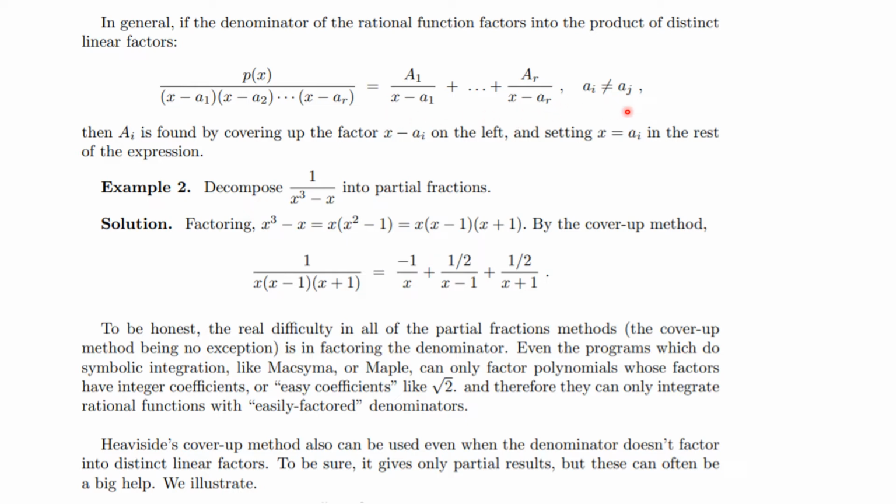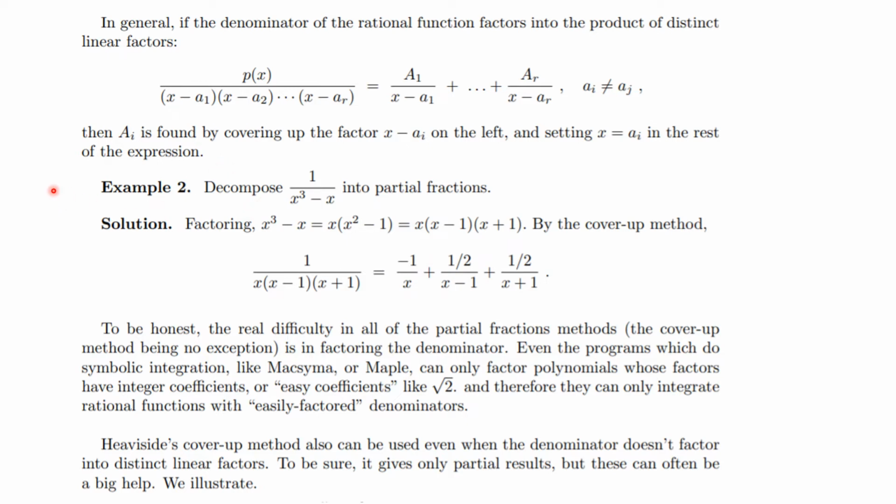All of these capital A's are constants, and this is listing the distinct linear factors. Then capital A sub i, the numerators, can be found by covering up the factor x minus ai on the left and setting x to be equal to ai in the rest of the expression.